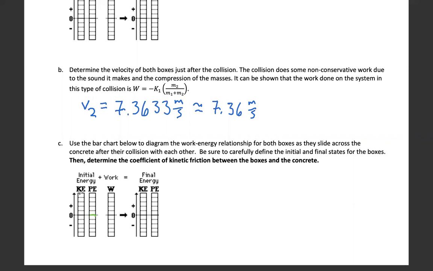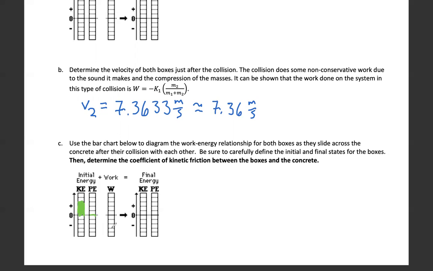Before the collision it was up here at 5, and then we lost some due to the collision. We really should have done this analysis up here in part B, but we didn't. But we just did the math here. So we're down here, we lost some kinetic energy during that collision.